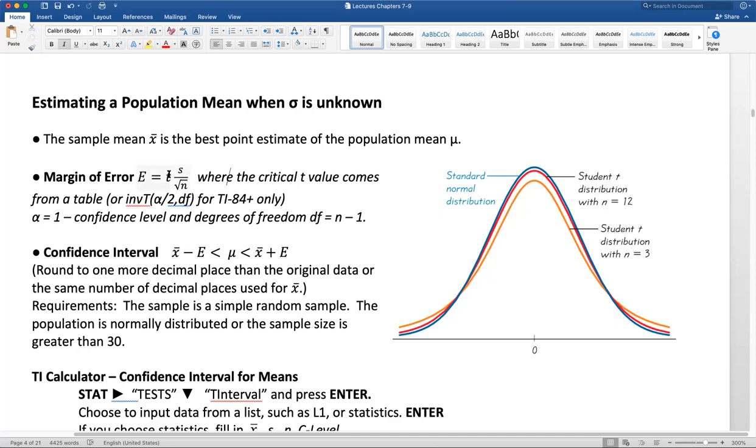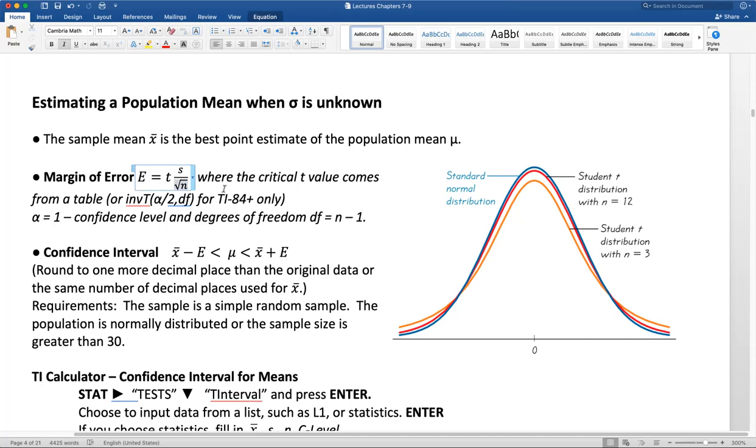Then we're going to select the sample randomly, and the sample size must be greater than 30 in this textbook, depending on the textbook. Some textbooks say 25. So s over square root of n is the standard deviation of the sample mean.